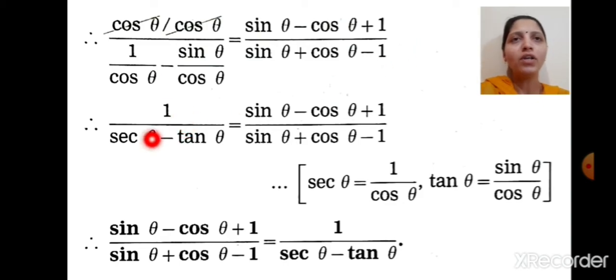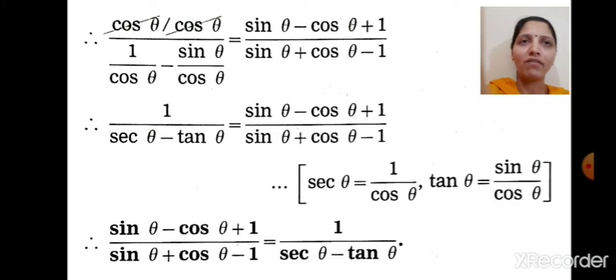Therefore, 1 upon cos theta is sec theta and sin theta upon cos theta is tan theta. So you will get here 1 upon (sec theta minus tan theta), that is equal to (sin theta minus cos theta plus 1) upon (sin theta plus cos theta minus 1). And this is what you have to prove. Okay, so hence we have proved the equation.